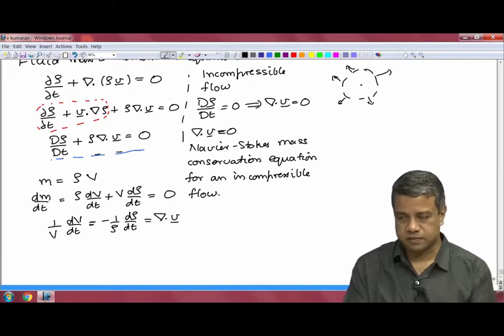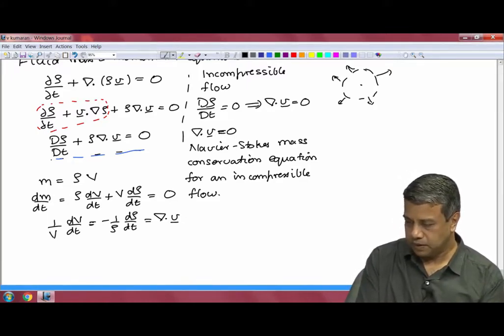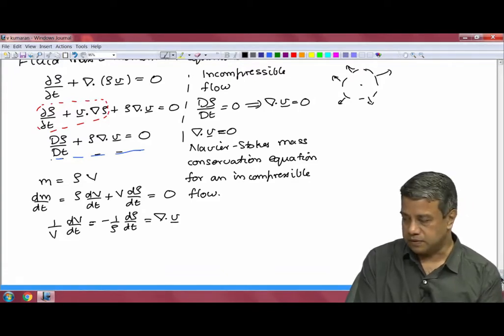This is the Navier-Stokes mass conservation equation. So, divergence of velocity is equal to 0.